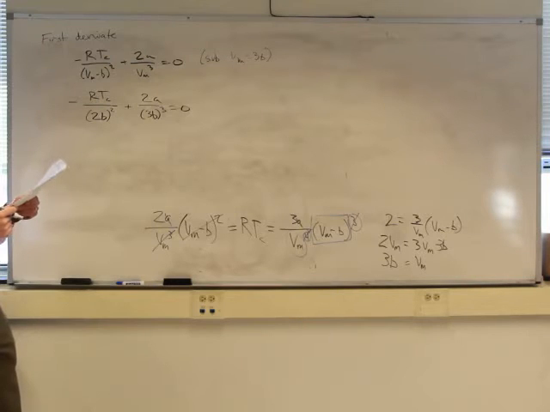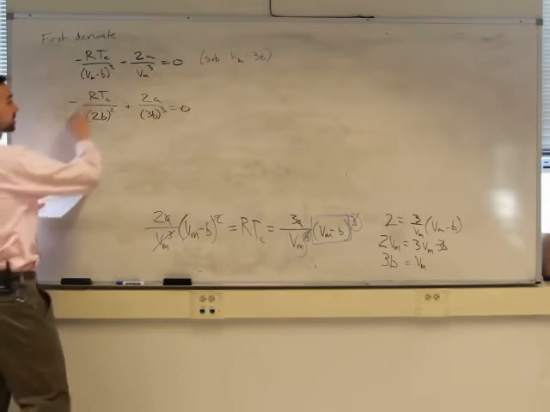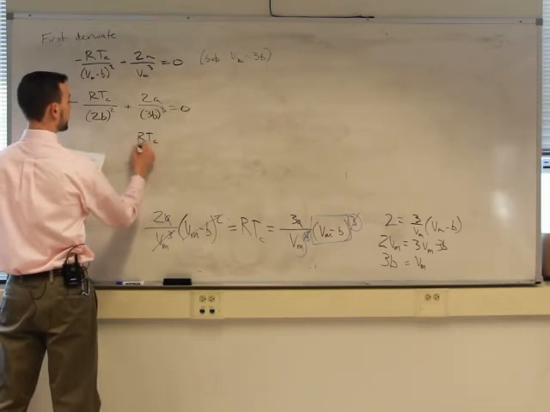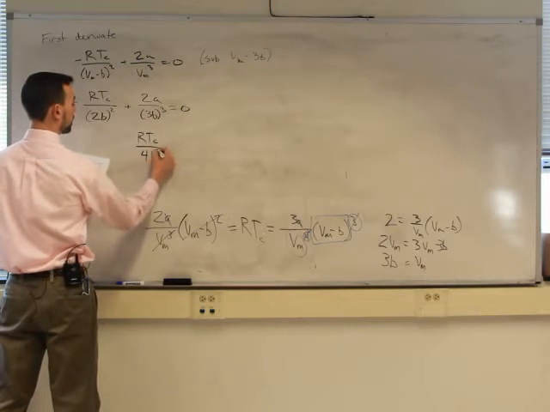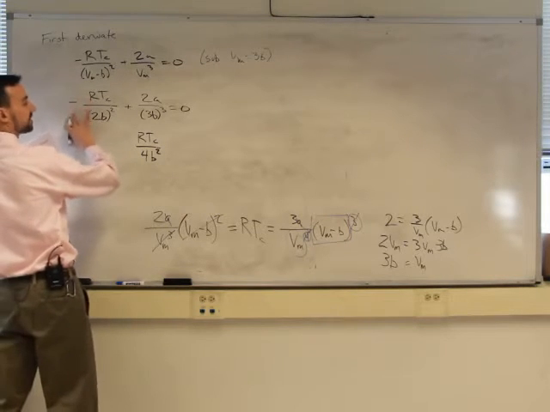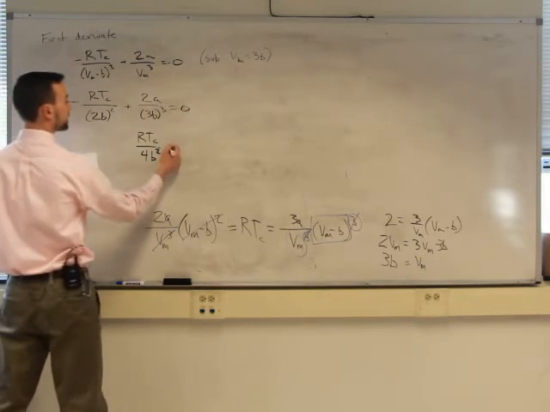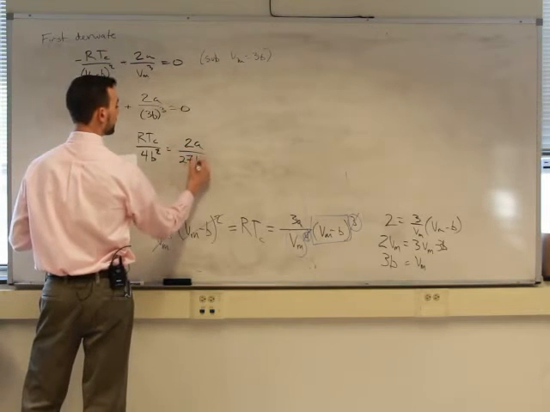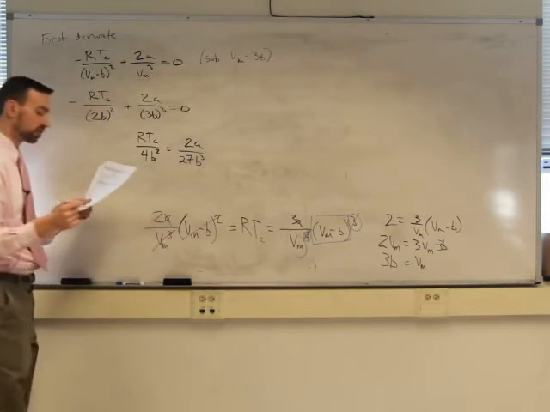I can put one of these terms on the other side. So I'll have RTc over 4 times b squared. I've made this positive, so technically I've moved it to the right side. But that equals 2a over 27 times b cubed.